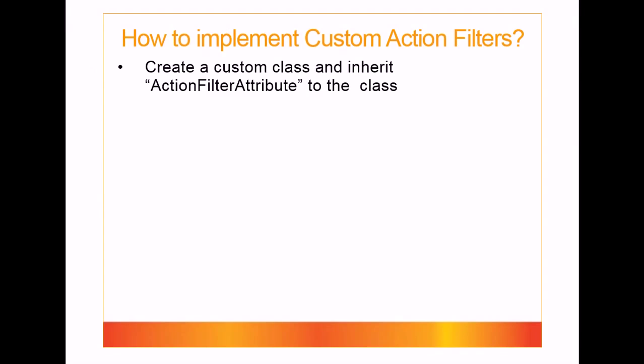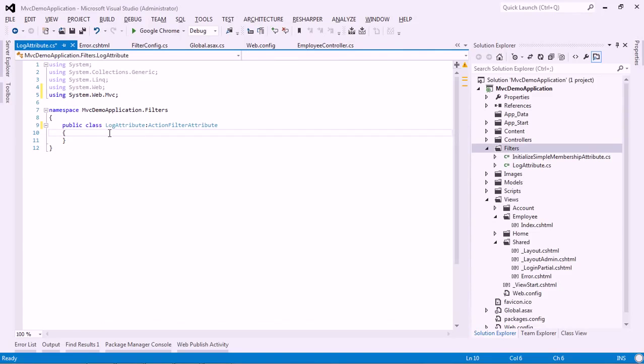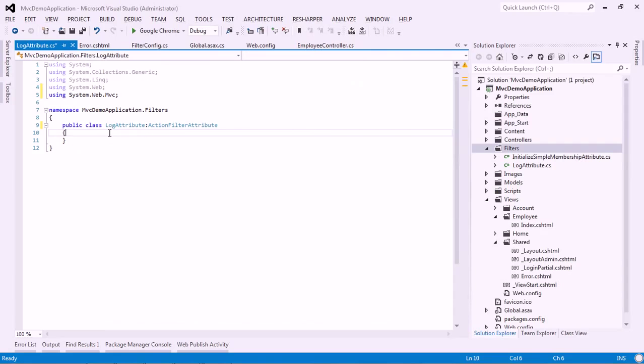So we have created a custom class and inherited the action filter attribute. After doing this, we have to override one of the four action methods. We can override all four or any of the methods present in this action filter attribute. These are the four methods: OnActionExecuted, OnActionExecuting, OnResultExecuted, and OnResultExecuting.